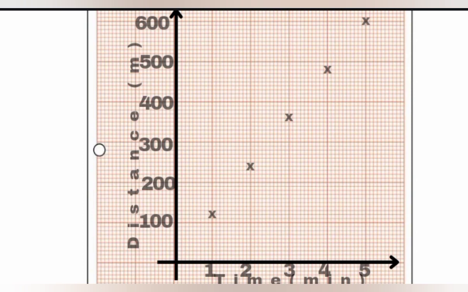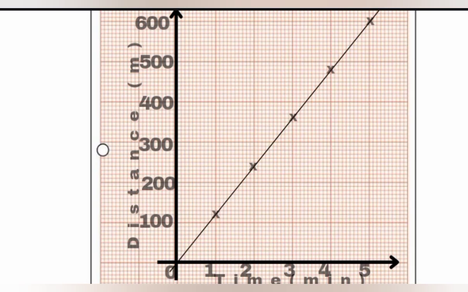Now, if you look at these points carefully, these 5 points, what do you observe? Yes, I believe you observe that the 5 points are on a line. So we can simply use our ruler, that is your meter rule, and our pencil on the graph sheet to connect these points by a straight line which will go down to the origin.